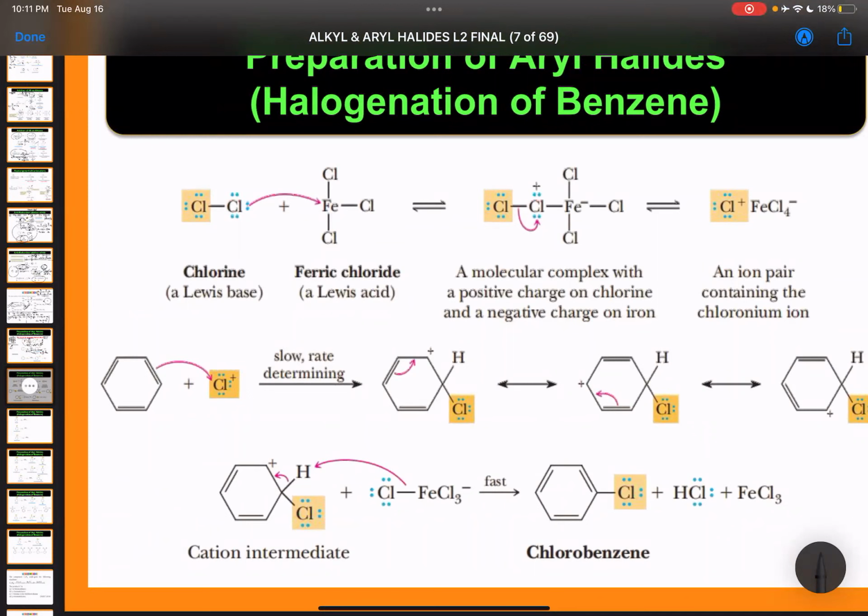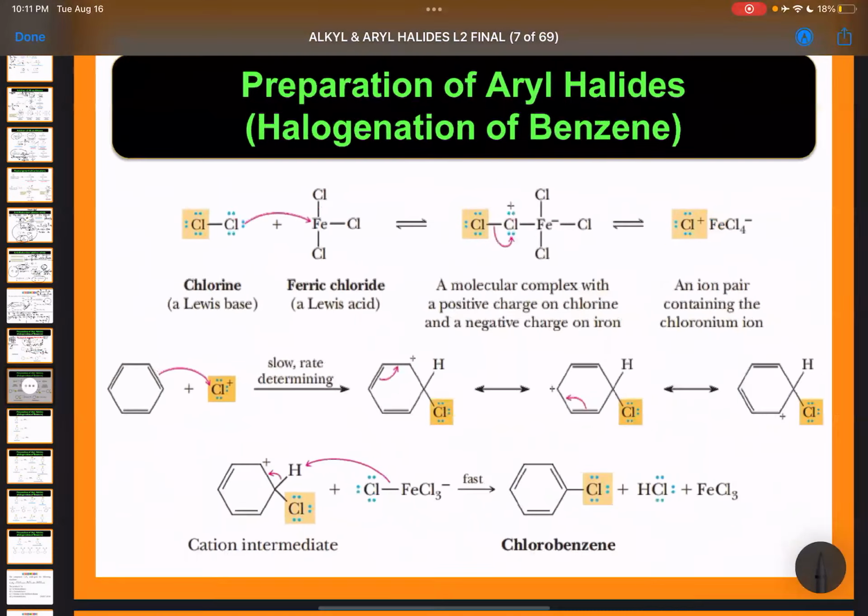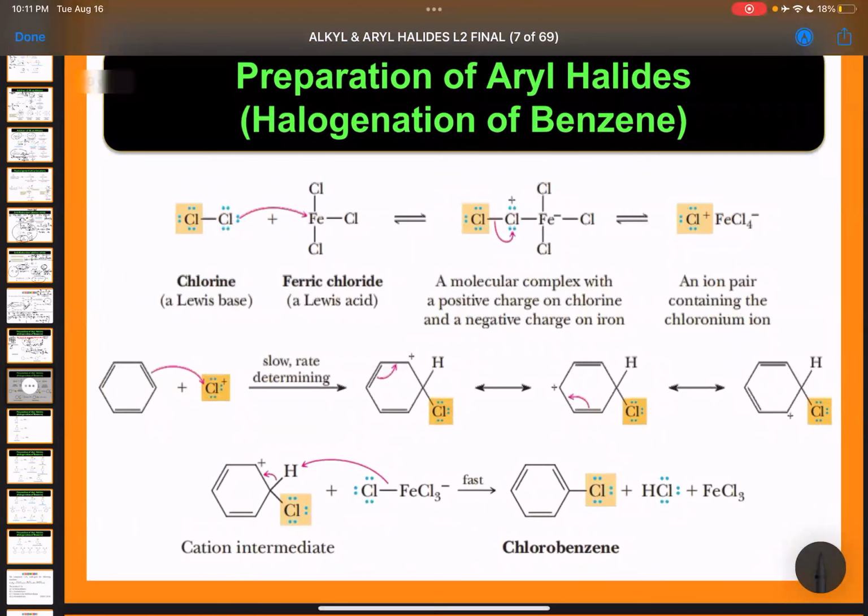You can write the mechanism. Similarly, if you have taken chlorine, FeCl3, or you can take Cl2 and Fe also. Sometimes this is also written. You need not worry about how we will get FeCl3, because chlorine and Fe react and give FeCl3, which acts as a Lewis acid.